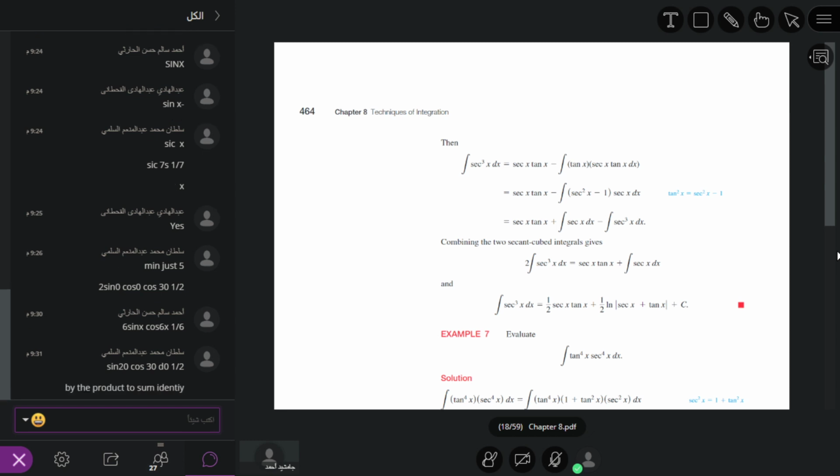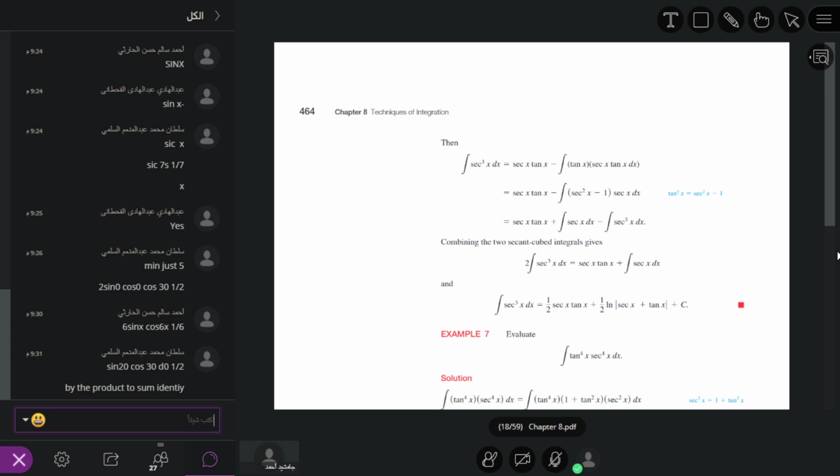Now the integral of, by the product to the sum identity. Yes. So here this will become sine of minus theta, because 2 minus 3, plus we have sine 5 theta.